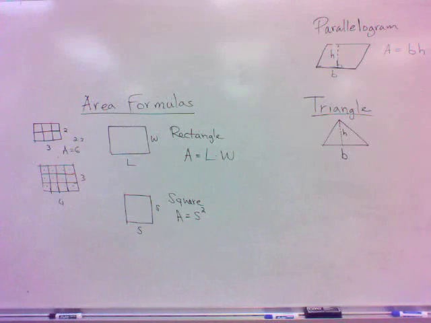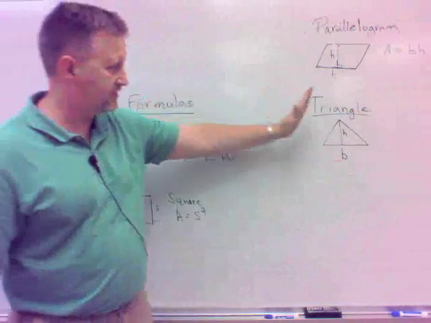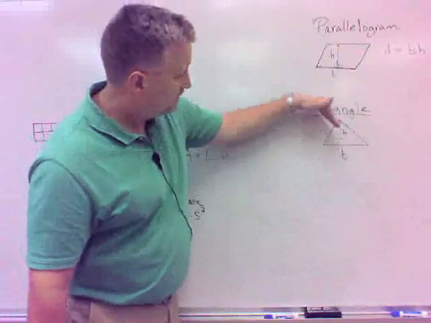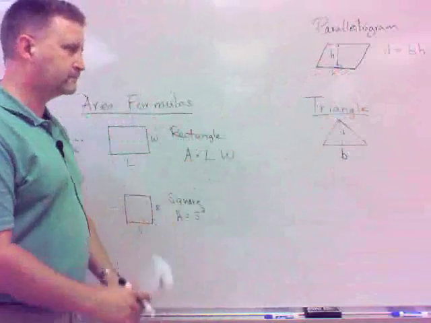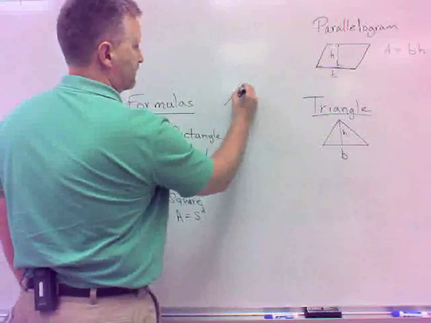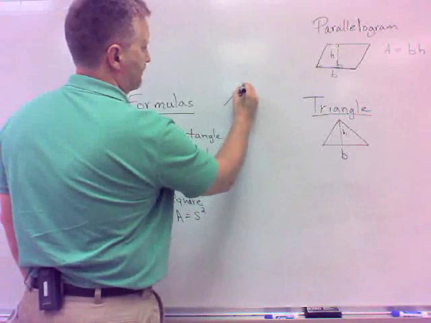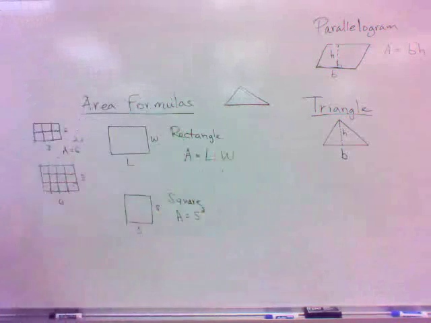Doesn't matter which one you call the base. Usually the one on the bottom they call the base, but we can do the same thing for this side, and then the height across to there. Either one. Let me draw a little more pronounced one.